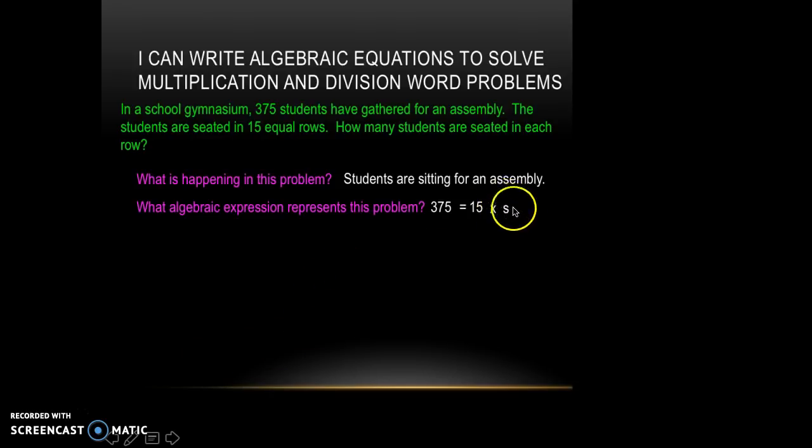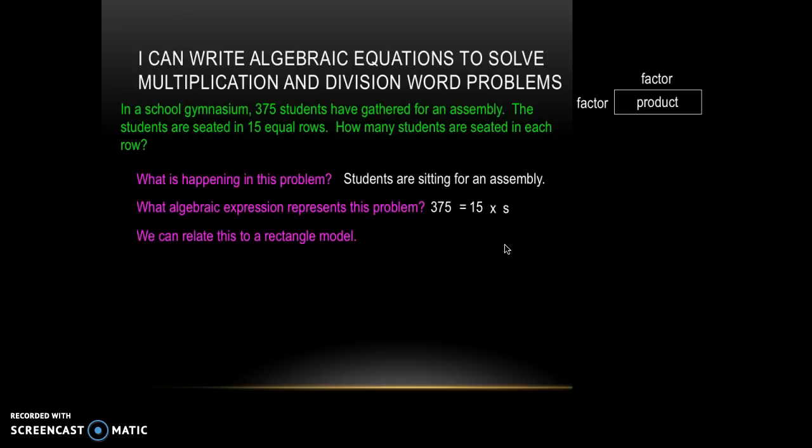So we've got S for students. That's the part that we don't know. Now, we can relate this to a rectangle model, kind of like thinking of length times width equals area. So factor times factor equals a product. This is a multiplication problem.